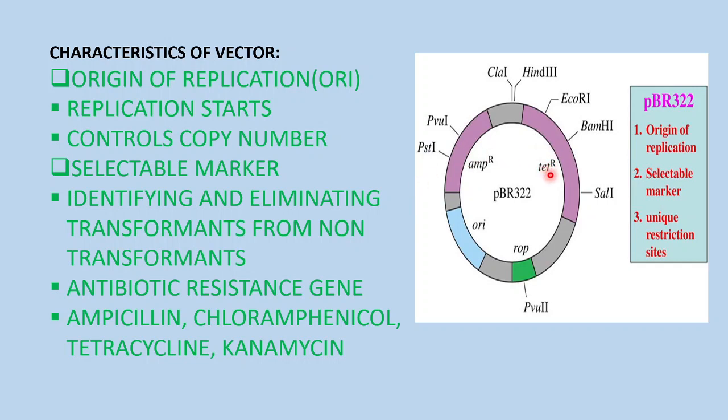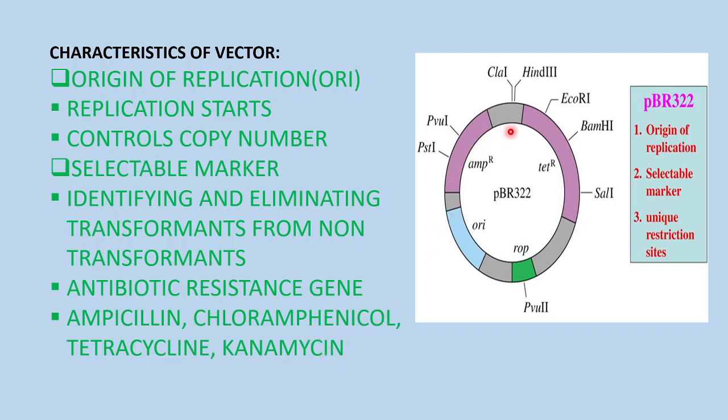Likewise, it also has tetracycline resistance. So, if we apply the antibiotic tetracycline, this will not die. But suppose you add the antibiotic kanamycin, then it will die because it does not have any resistance against kanamycin. Of course, some other plasmid will have resistance against kanamycin, some other against chloramphenicol.